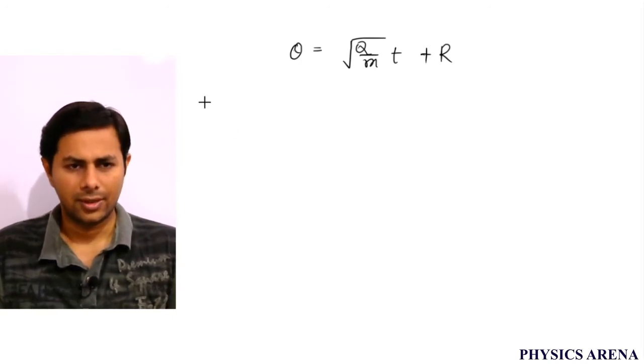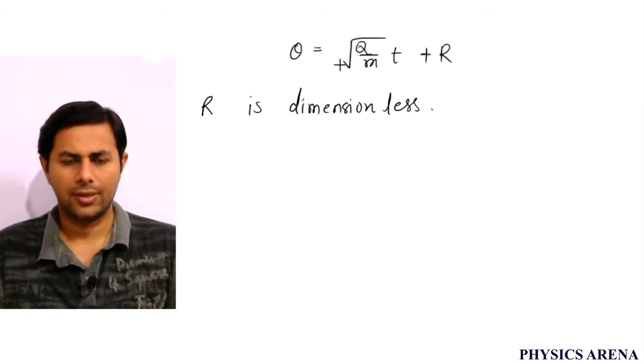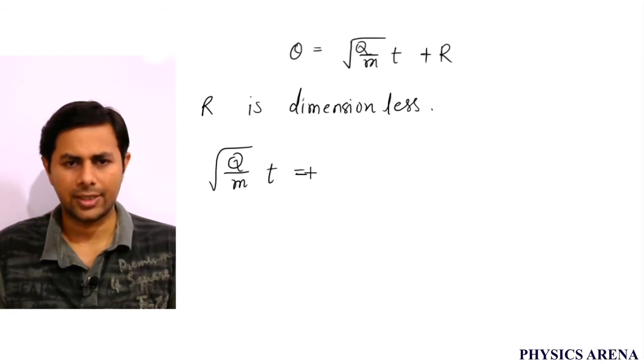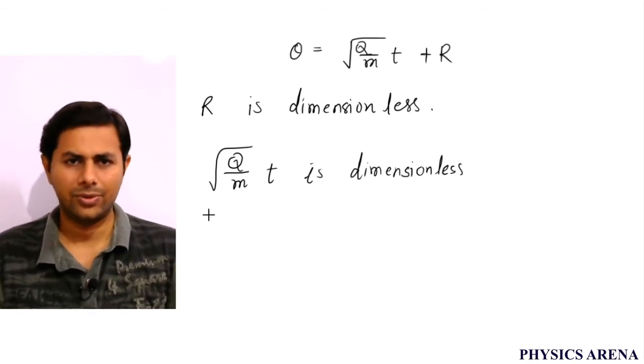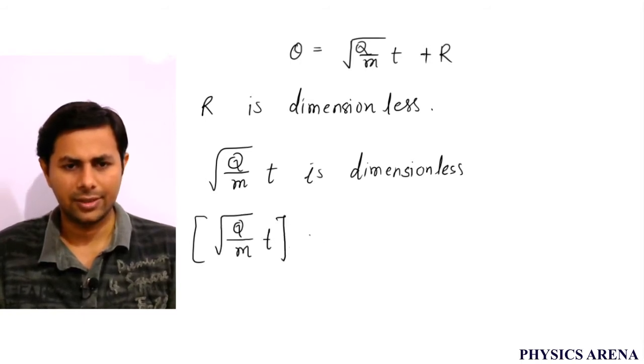So r is dimensionless, and the square root of q over m times t is also dimensionless, and therefore I can write that the dimensions of square root of q over m times t is equal to 1.